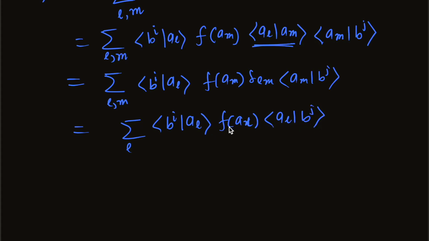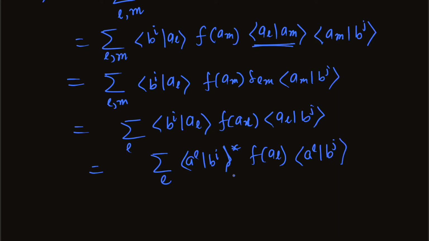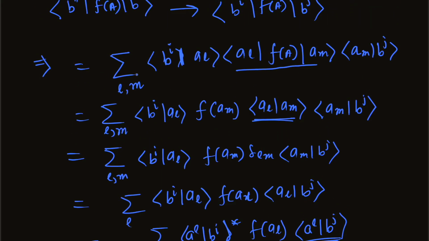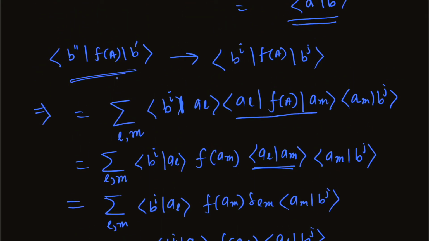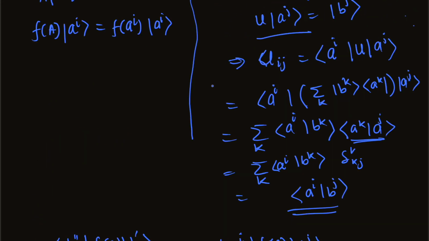So again this a_l will be in the upper part, that means ⟨a_l|p_i⟩* f(a_l) ⟨a_l|p_j⟩. Since we know every element, we know this element in the A basis.